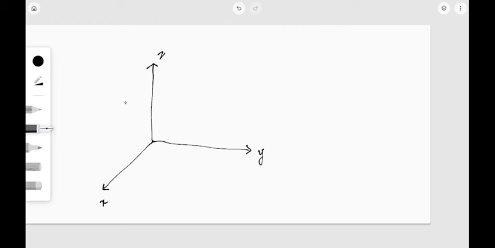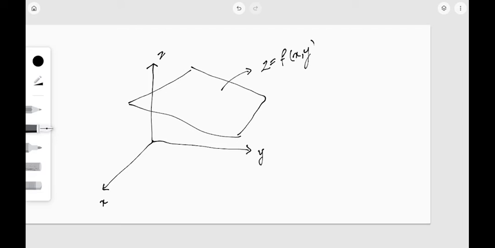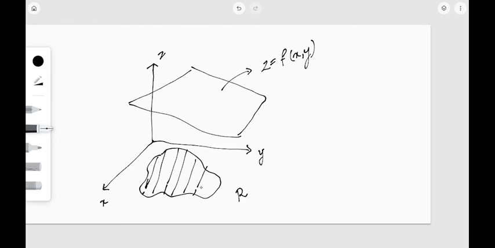So if you are considering any region over here, this is our surface, z is equal to f of x,y. Z is greater than or equal to 0, so it can be anywhere in this region. Then we had considered our region R here, and we had partitioned R into n rectangular subregions, right?